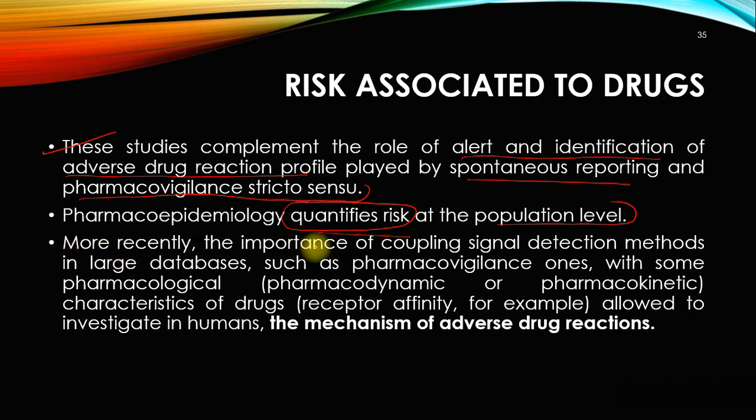More recently, the importance of coupling signal detection methods in large databases, such as pharmacovigilance ones, with some pharmacological characteristics, which include pharmacodynamic or pharmacokinetic characteristics of the drug, that is, receptor affinity for example, allowed investigation in humans of the mechanism of adverse drug reaction.